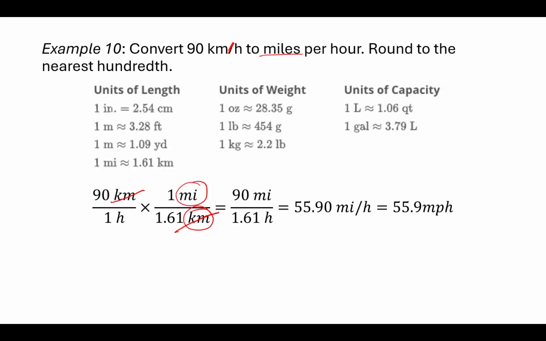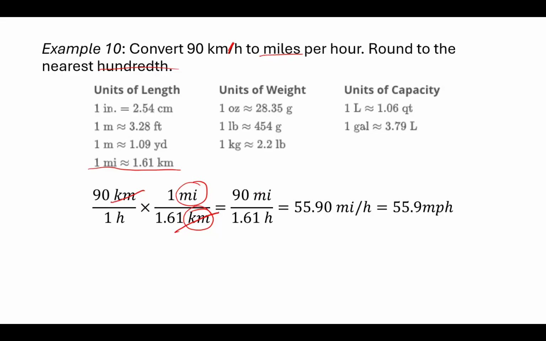Now I look for the conversion line, which is right here. So 1 goes on the top next to the miles. 1.61 goes on the bottom next to the kilometers. And this indicates now a division, 90 over 1.61, which is 55.90 miles per hour, rounded to the nearest hundredth.